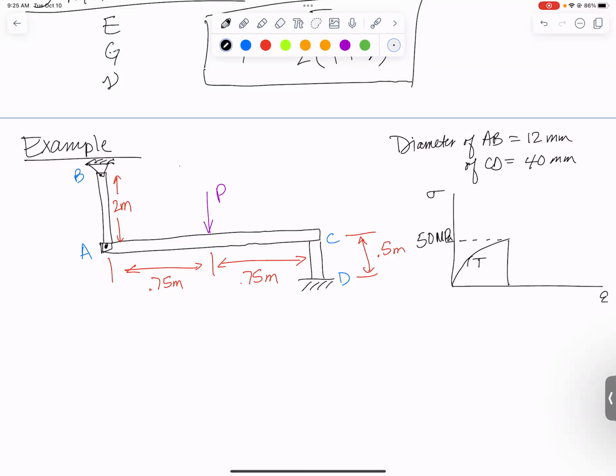This is the tension curve. In compression, it can handle a lot more load. Here's our compressive stress strain curve. It can go all the way up to 90 megapascals. And the question is, find the maximum load P before anything breaks.